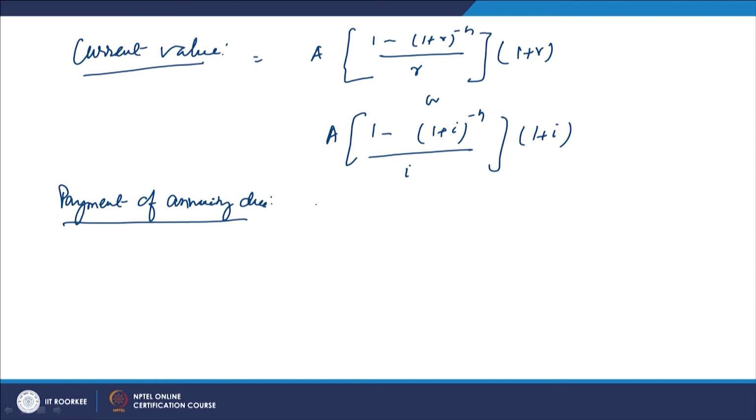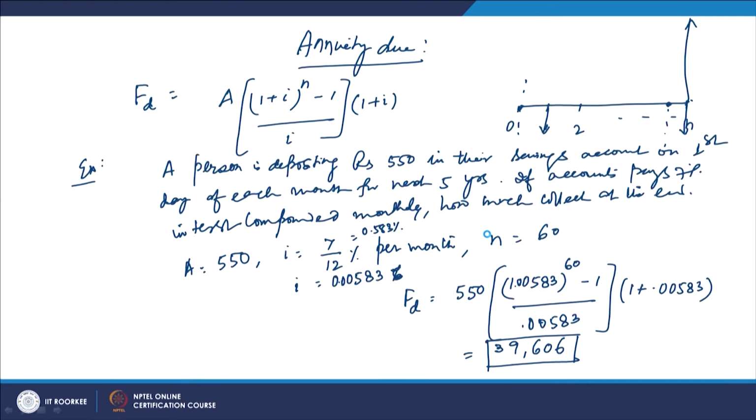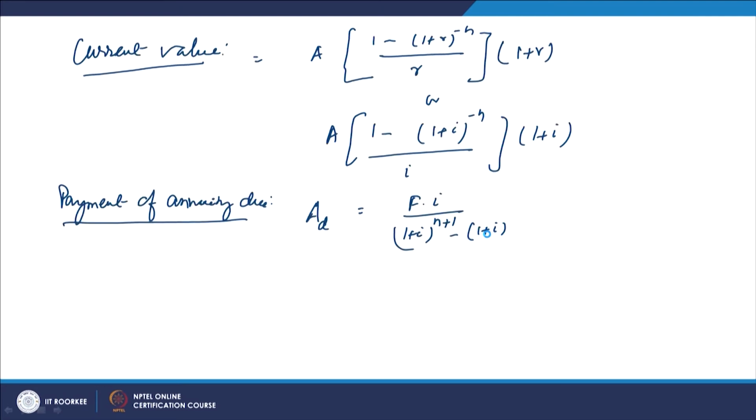For due cases we will have the subscript D, and it will be F into I upon 1 plus I raised to the power n plus 1 minus 1 plus I. So as you look at the earlier cases, in this case it will be F D into I divided by 1 plus I raised to the power n plus 1 minus 1 plus I. So from here you can get these values.